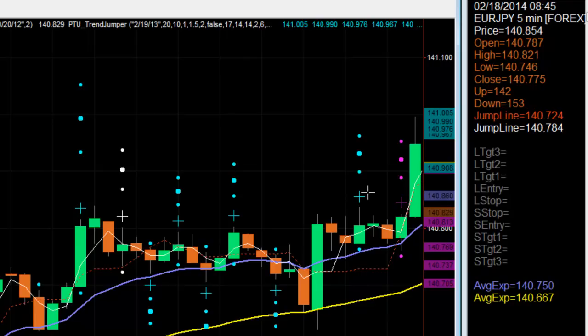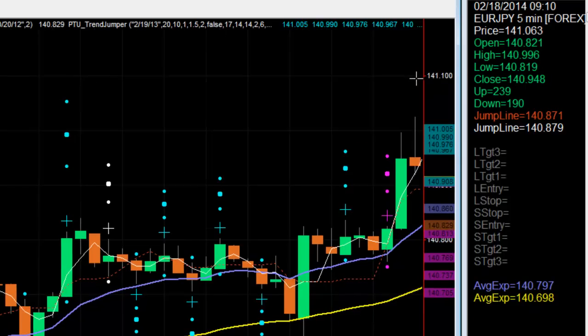So regardless, it does stab up and it gets as high as 140.996. So it literally misses 141 by 1 and a fraction of a pip, and then it ultimately stabs through and gets as high as 141.02. Okay, so it actually hits our 15 pip objective.